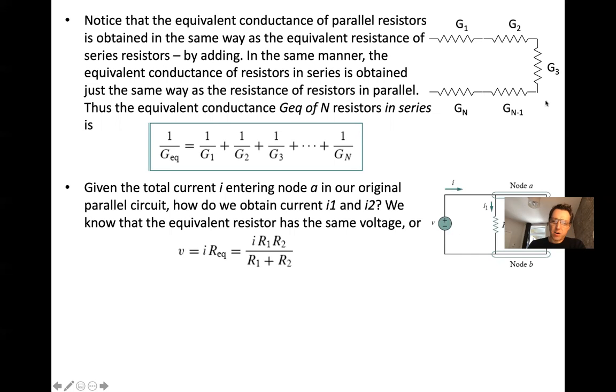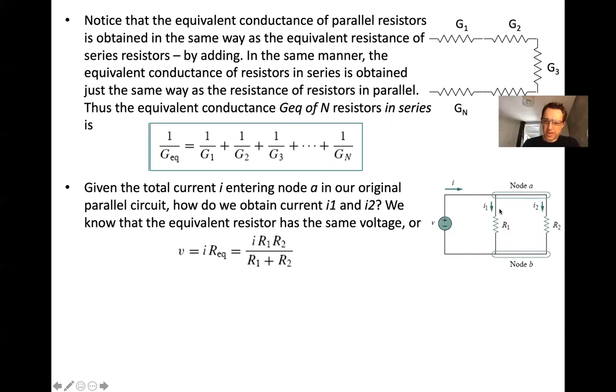Okay, now going back to our original circuit where the two resistors are in parallel, and I apologize for the flip-flop. Again, to reorient you, we are back to the original current divider circuit where you have current splitting into two paths. And we want to derive an expression for I1 and I2 in terms of I. So we know that the equivalent resistance is equal to the product divided by the sum.